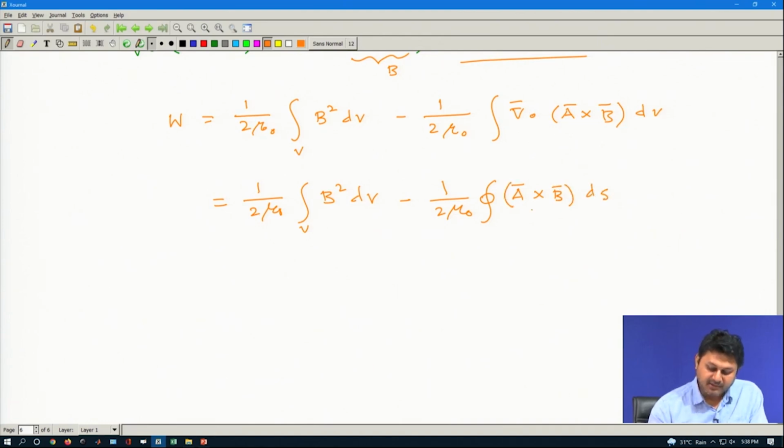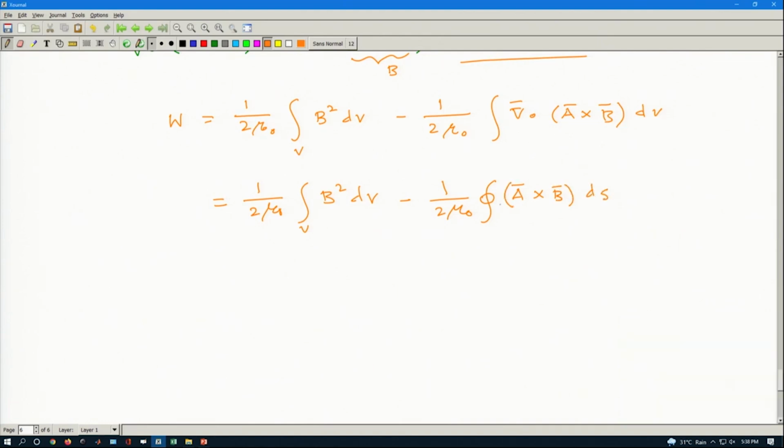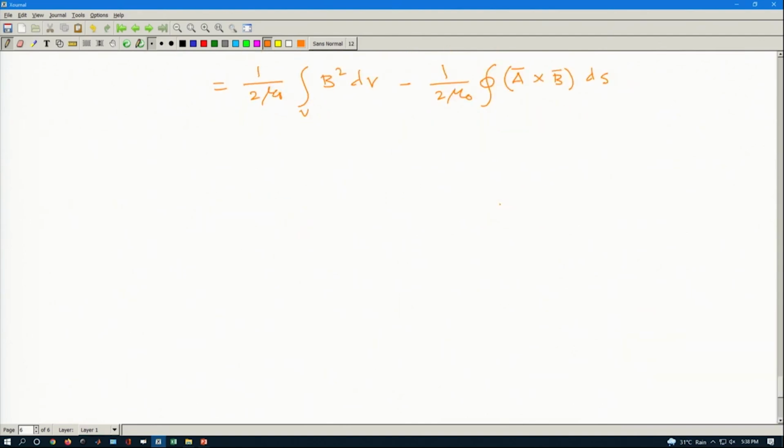Now, you can see this is the closed surface integral. So, I can take my surface according to my convenience, and for the quantity A cross B, both have dependence on R, one is 1 by R and one is 1 by R squared. That means this quantity is going to vanish if the surface is very large.